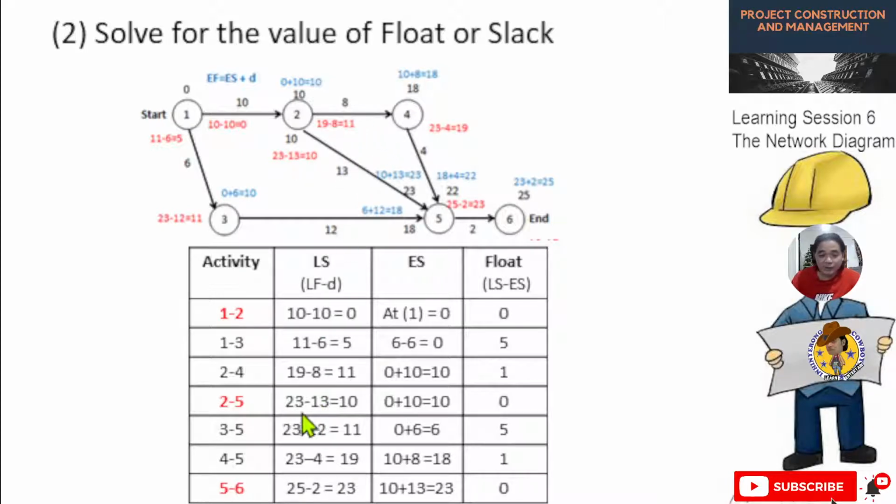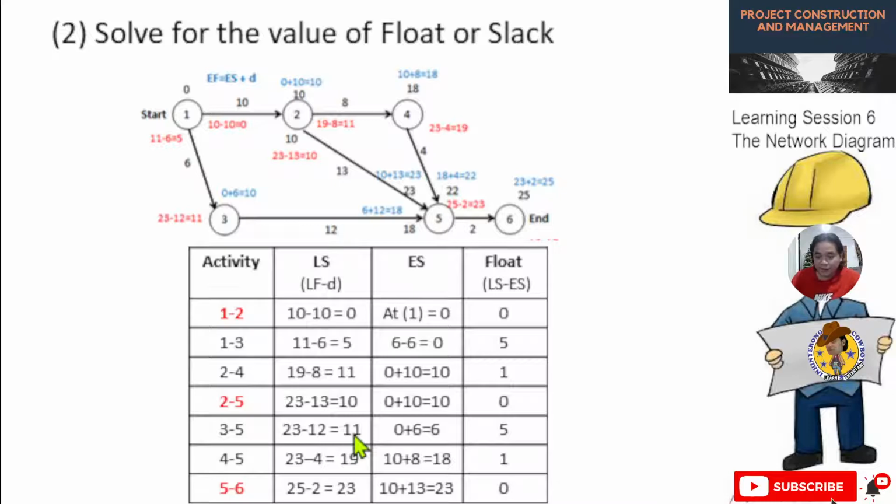So 23 minus 13 becomes 10. This 10 is the LS for activity 2 to 5. Then for activity 3 to 5, 23 is the LF, 23 minus 12, the duration, so the last start is 11.